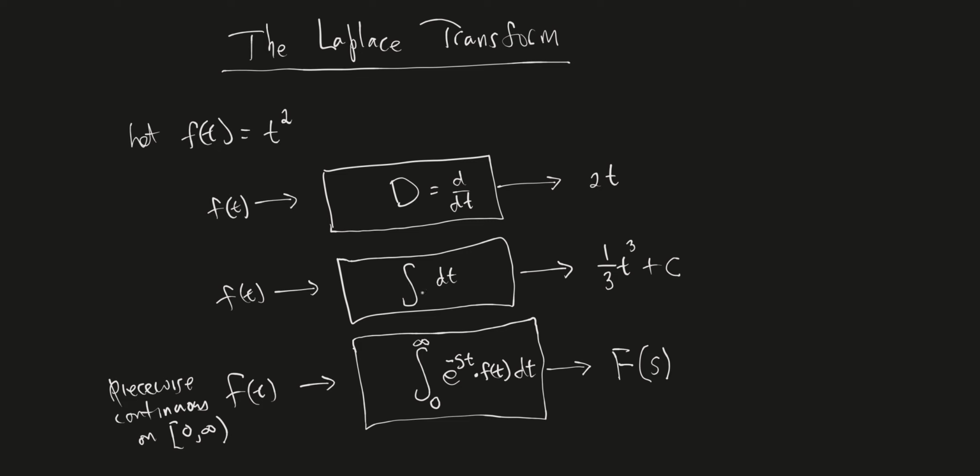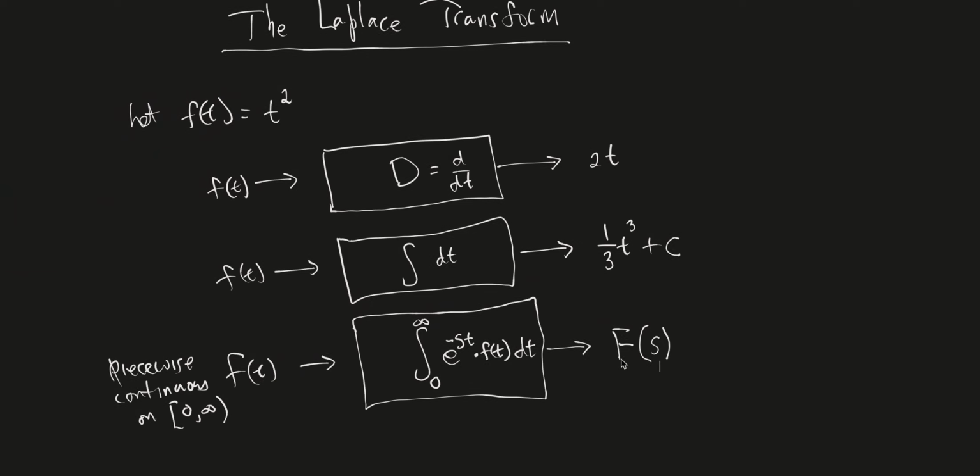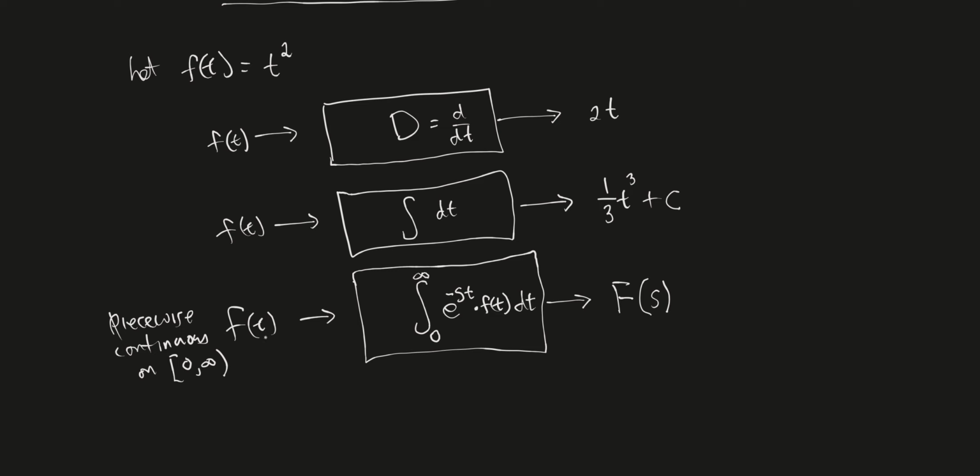Similarly, when I take the antiderivative of a function, I haven't changed the independent variable. But now with this crazy looking transform, not only do we change the operations in the function, but we've also changed the independent variable from t to s. And in many engineering applications, that change alone is huge, right?